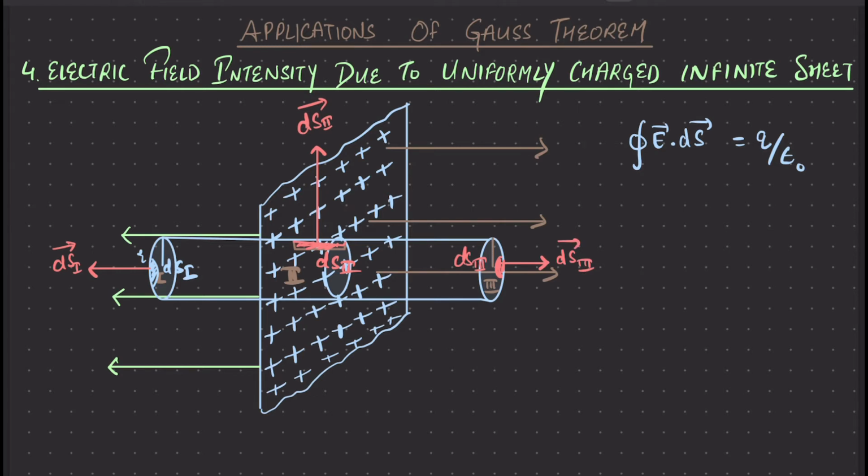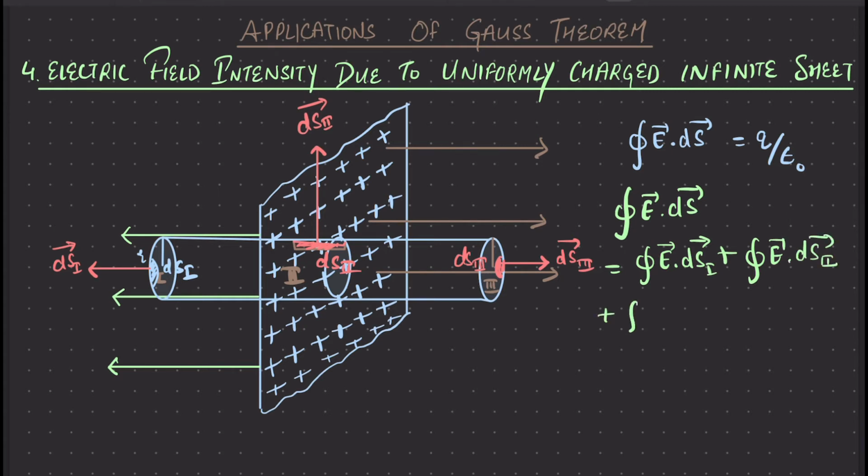As we did it earlier, we will do the same thing over here. The closed integral E vector dot ds vector could be divided into three parts: closed integral E vector dot ds1 vector plus closed integral E vector dot ds2 vector plus closed integral E vector dot ds3 vector.